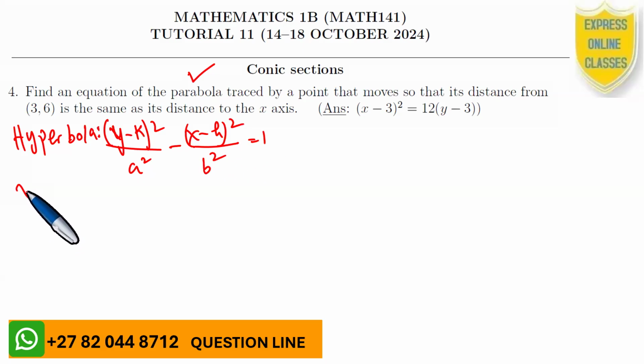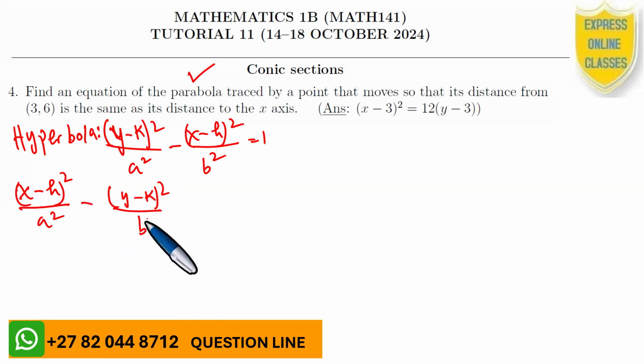Right, so you have x minus h squared, y minus k squared.